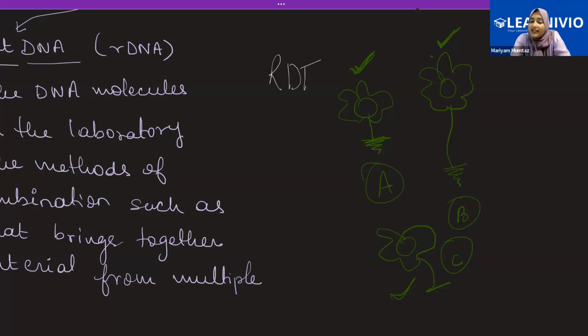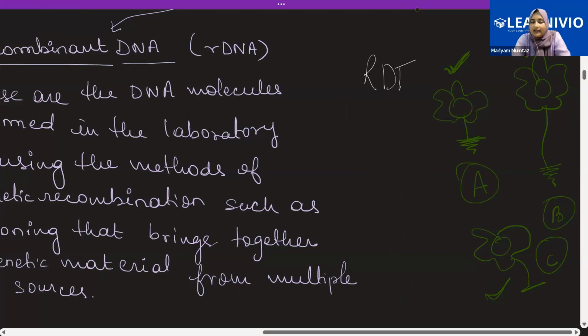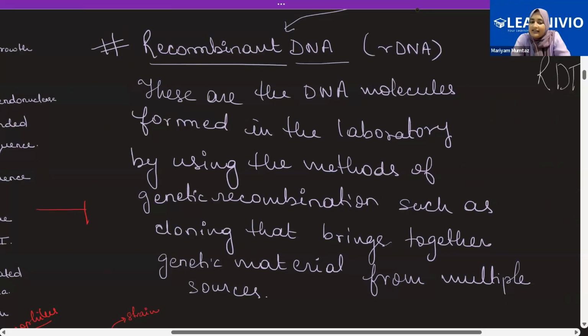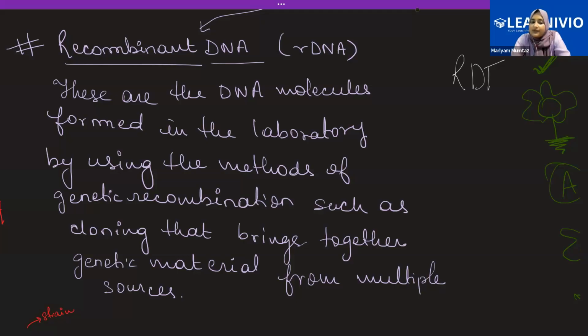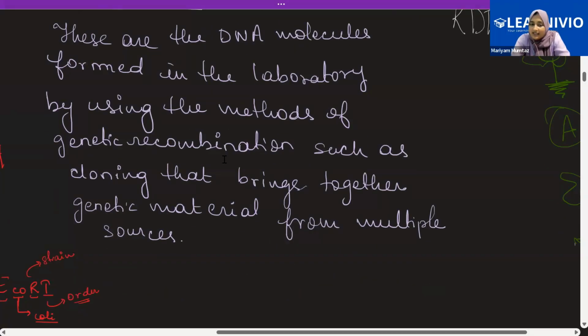So the gene that you make on your own, that is your recombinant DNA. It is also written as small r DNA. So let us see what we have written. These are the DNA molecules that are formed in the laboratory by using the methods of genetic recombination, such as cloning, that brings together genetic material from multiple sources, right?